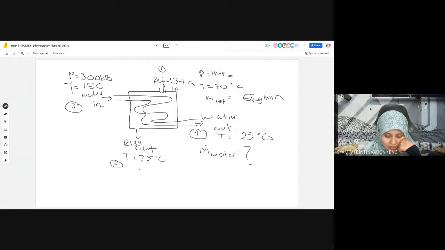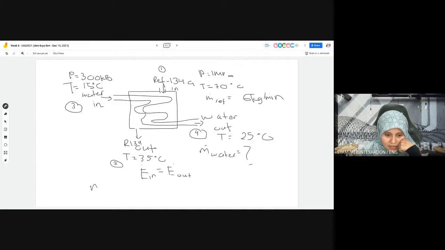So remember the energy balance: in equals out, steady flow. Okay, so inlet. What is in? Number 1 and number 3 are the inlets, and the outlets are number 2 and number 4.